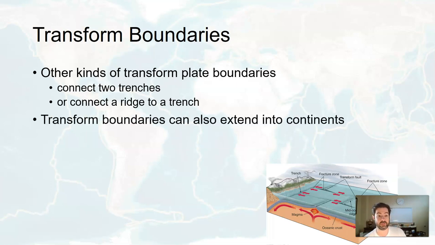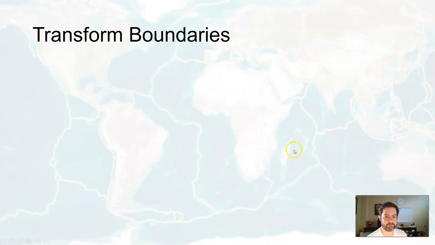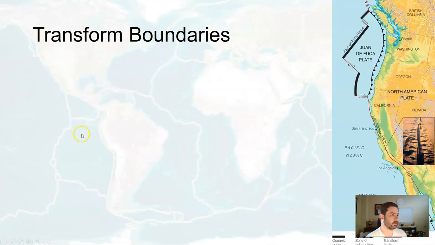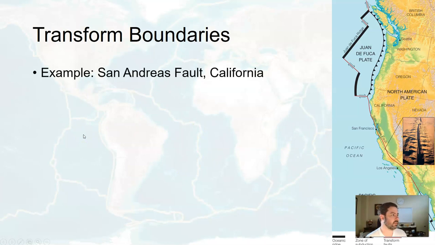Transform boundaries can also extend into and onto continents. Again, just think of the transform boundary that cuts through California. So a great example is the San Andreas Fault. Along the transform boundary between this portion of the Pacific plate and the North American plate, there's a series of faults.